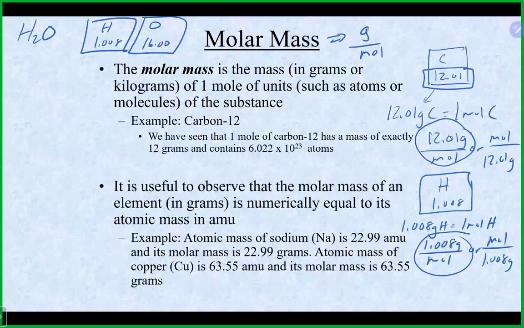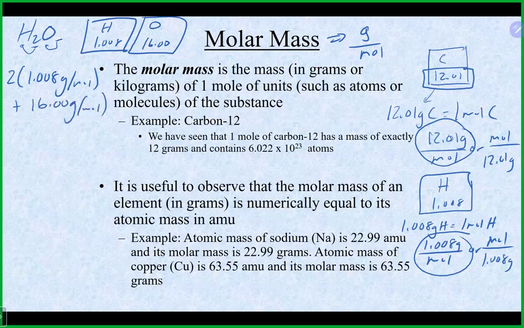There are two hydrogens, so 2 at 1.008 grams per mole, plus our one oxygen at 16 grams per mole. Two H's and an O. And that gives us 18.02 grams per mole as the molar mass for water.